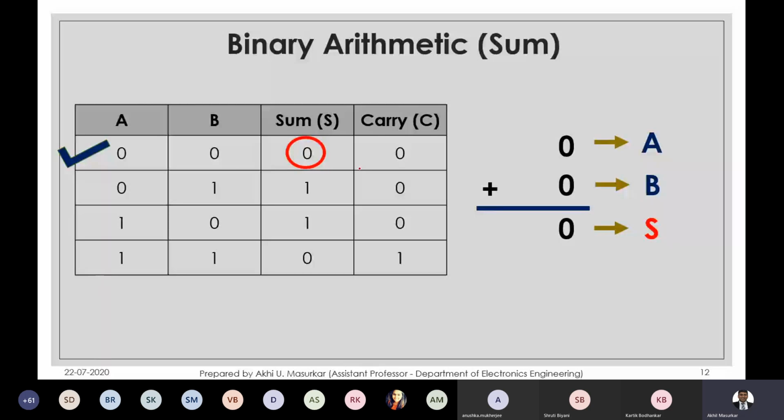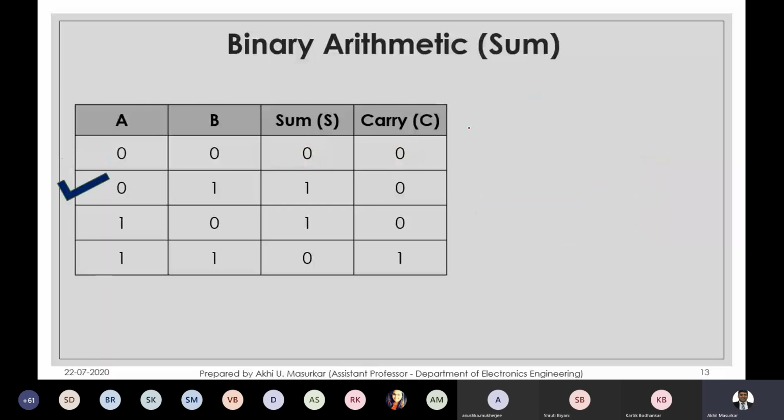Now next combination. So that is why I am writing here carry is 0. Next combination is 0, 1. So if you add 0 and 1, what you will get is sum is going to be 1, and you don't get any number which is greater than 1.